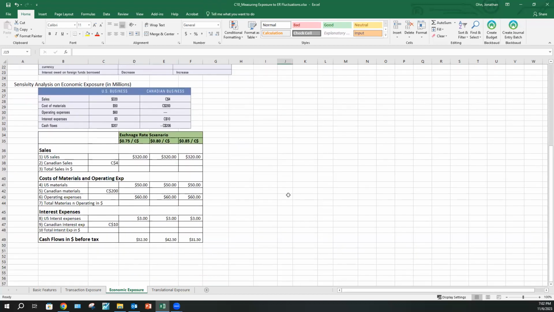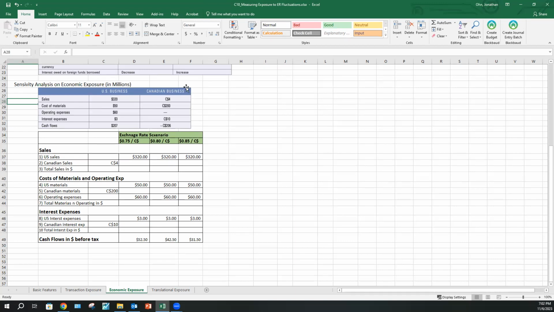Now let's do a direct analysis of the exchange rate's effect on our company's operating cash flows. Our company has businesses in the US and Canada, but the majority of sales will be in the US, and about 4 million Canadian dollars will be sold in Canada.